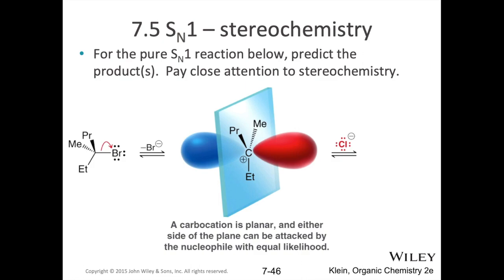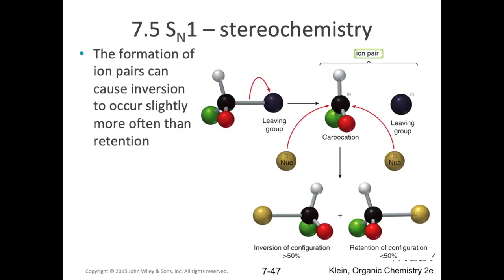Now, that being said, you don't get a perfectly 50-50 distribution of product. Instead of seeing exactly 50% of both, you actually see a little bit more of the inverted product and a little bit less of the same side product, or the retention product, I should say. What happens is your leaving group doesn't just completely disappear.